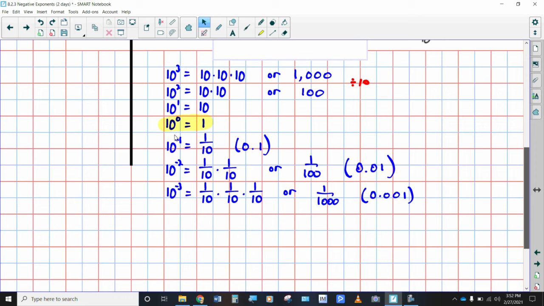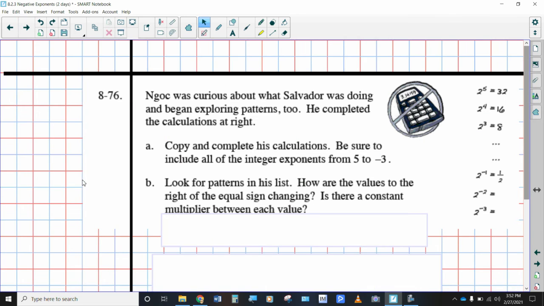So in essence, we're taking 10 to the negative first and flipping the base to its reciprocal, and then whatever the absolute value is of that negative exponent, that's how many times we're multiplying it repeatedly together. Okay, so there is a pattern here, and we are going to reveal a process that you can always use to change a negative exponent so that it has a positive exponent with the exact same value. But let's not go there yet.